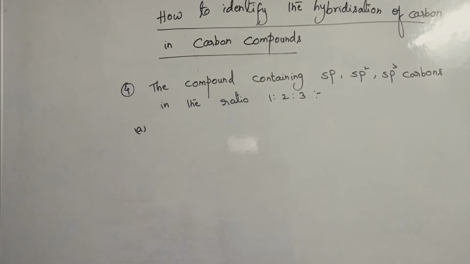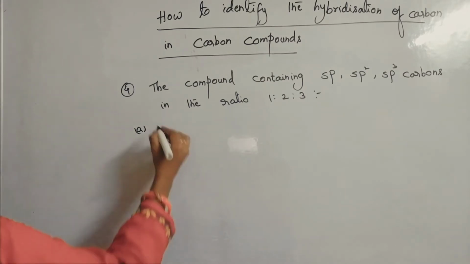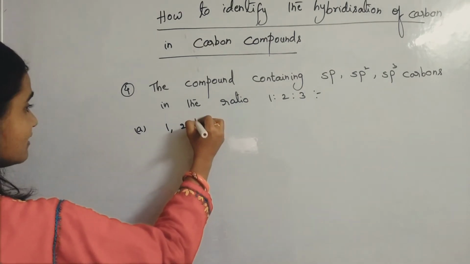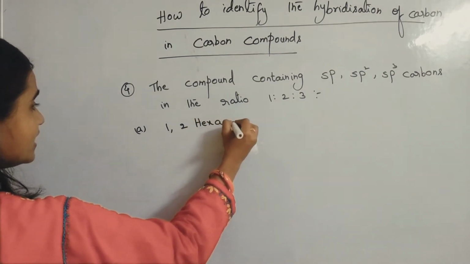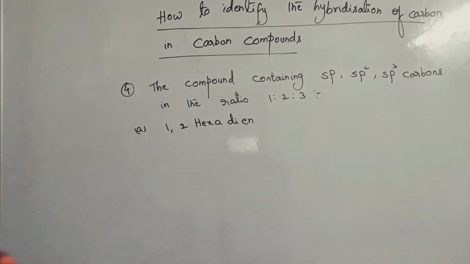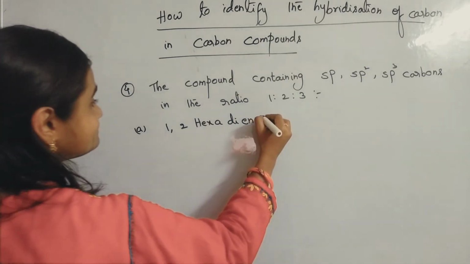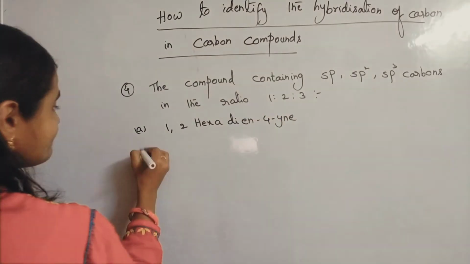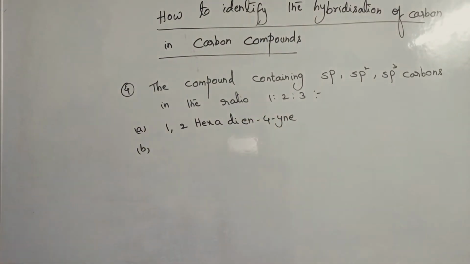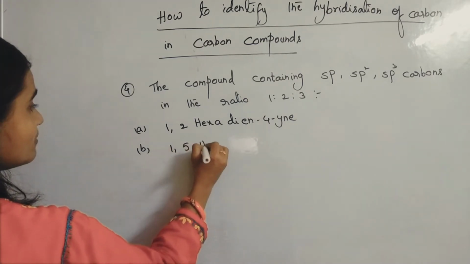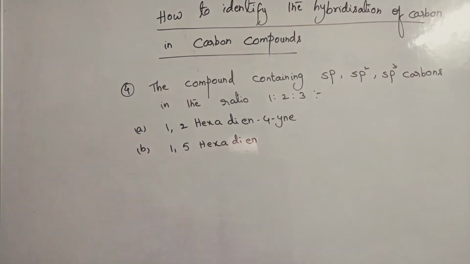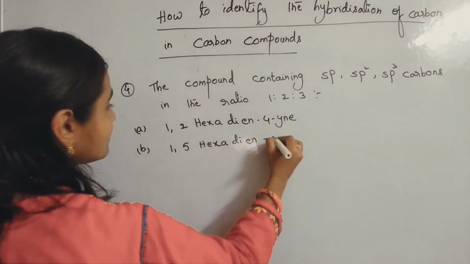In that, the first option is 1,2-hexadiene, 4-yne. This is option A. And option B, 1,5-hexadiene, 3-yne.